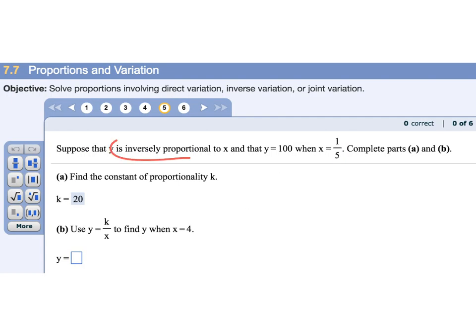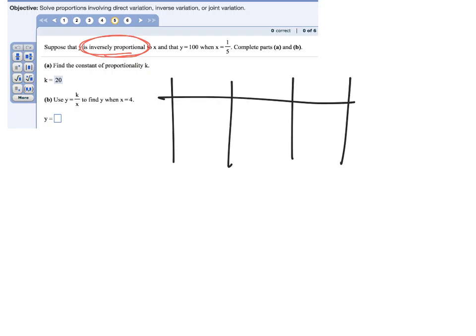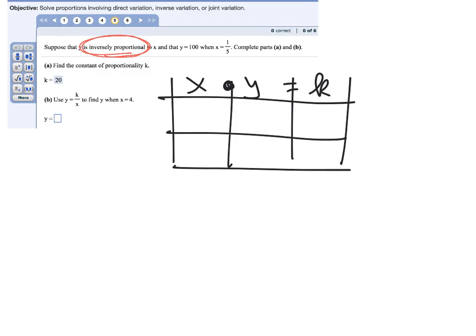Again, we've got an inverse proportional story here. So our table, remember, our 3-column table, it's x times y is equal to k. And we are told that y is 100 when x is 1/5.